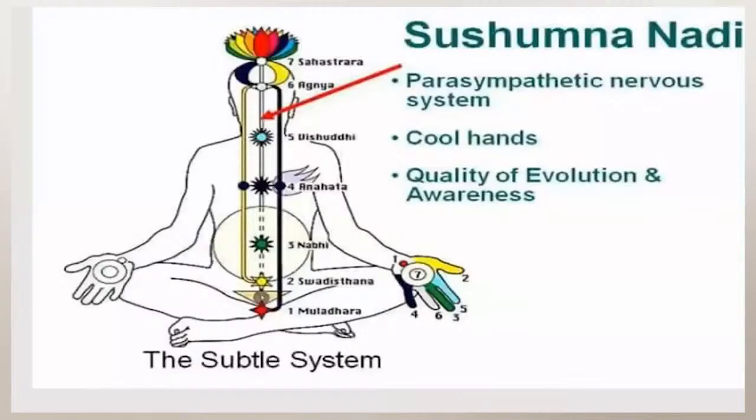As you can see here, there is a yellow channel and a blue channel, and in between there is the white channel, and this white channel is your Sushumna Nadi or the central channel. We already told you that it's a parasympathetic nervous system.